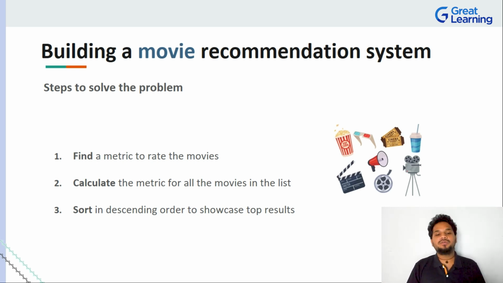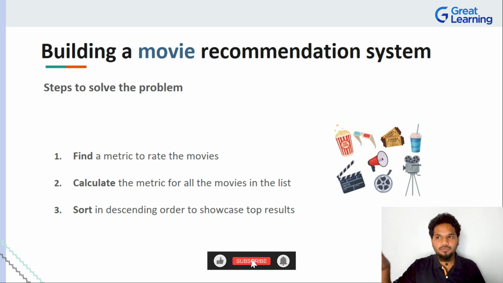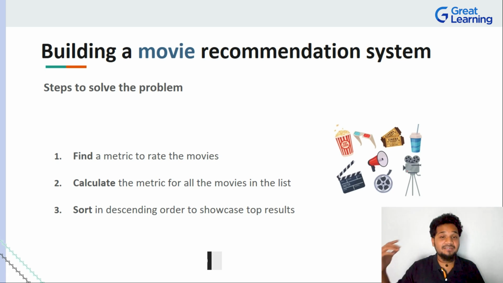The second thing that we'll have to do is we're going to calculate this metric not just for one movie, but we'll have to calculate this metric for all the movies that we have in the list. Now, in the data that we're using, you will find how many stars, what is the average rating that the movie has, and not just that, it gives you the number of people who have also rated it. It just doesn't say, hey, this movie is IMDb 8.2.